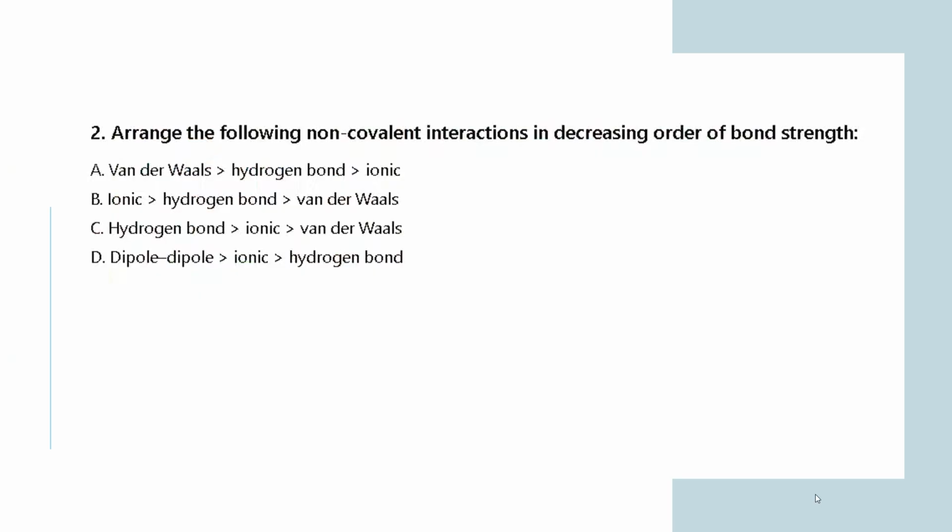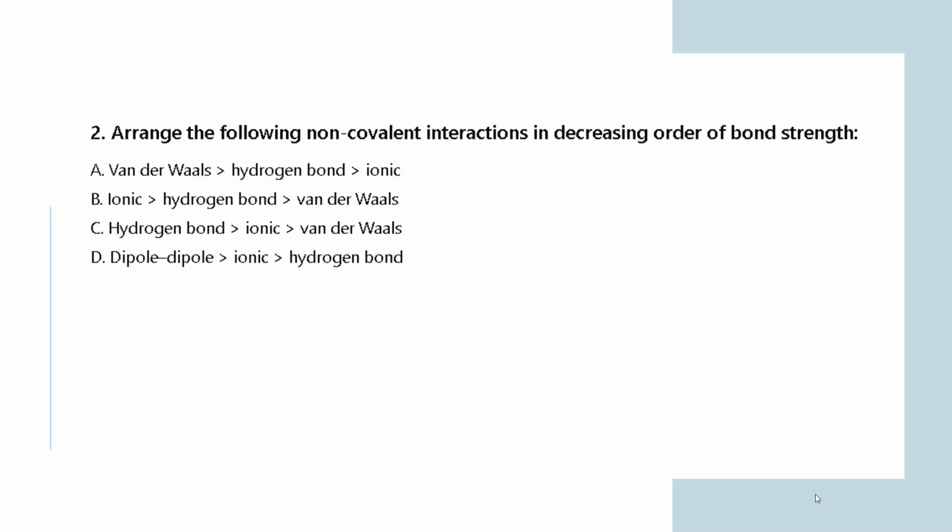So now coming to the next question, that is: arrange the following non-covalent interactions in decreasing order of bond strength. Because when you are talking about the phospholipid bilayer, basically the cell membrane, and the drug acting towards it, you will see that drug and receptors and everything else, as we have talked, enzymes or nucleic acid or ion channels, whatever it is, when they bind with each other, there are interactions, right?